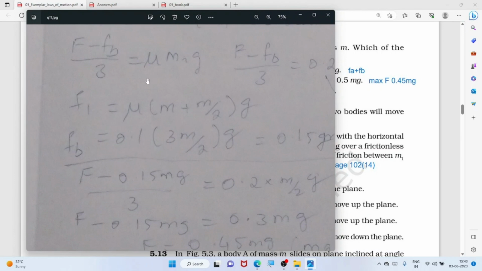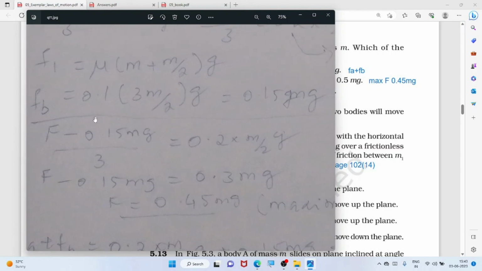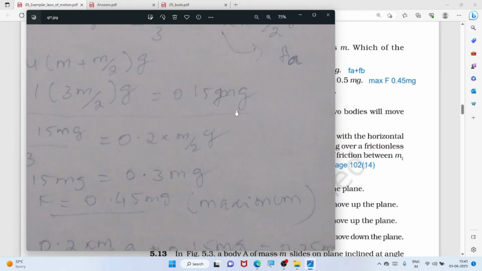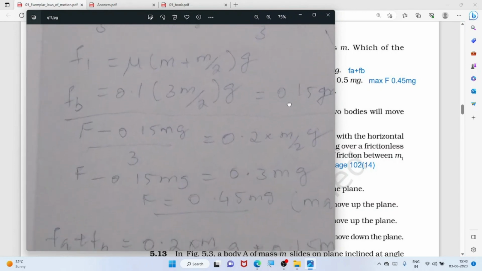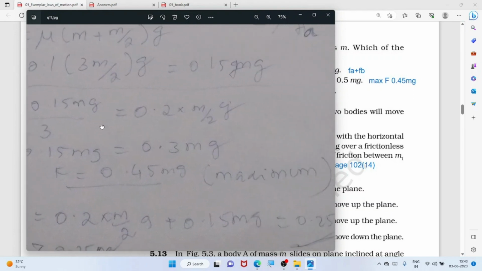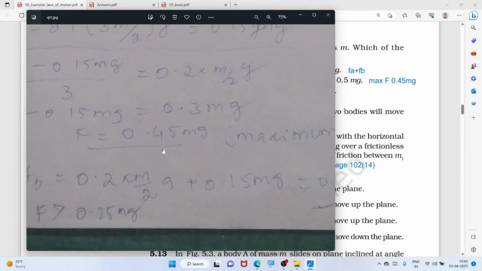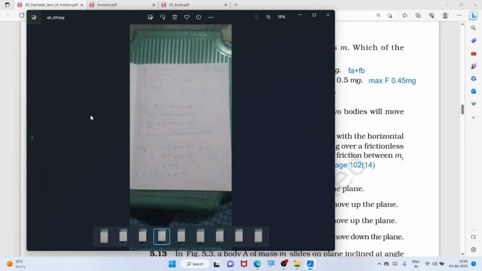The frictional force on B is mu 0.1 into mass into gravity. Okay, 0.15 mg is FB. F equal to FB, so then you substitute, and you will get the maximum force.